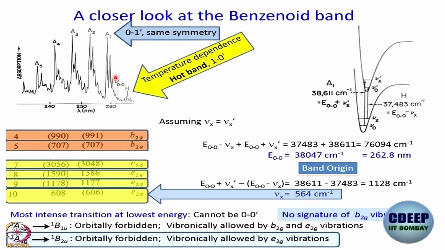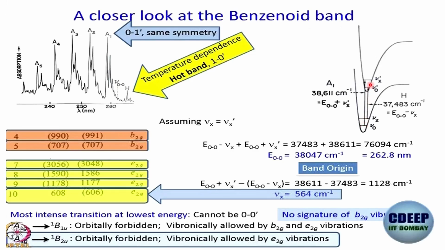Now the red shifted peak among those, red shifted meaning the energy is lowest, can only be possible for 0 to 1 dash, right? Because at room temperature the only populated state is v0.